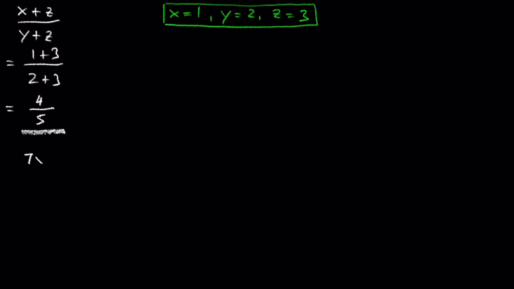7x plus 2y plus 11 is equal to 7 times 1 plus 2 times 2 plus 11 is equal to 7 plus 4 plus 11 is equal to 22.